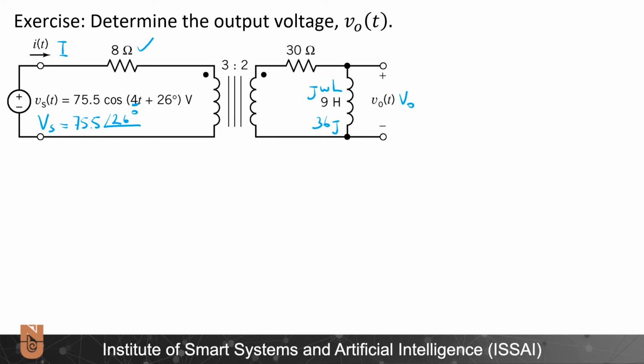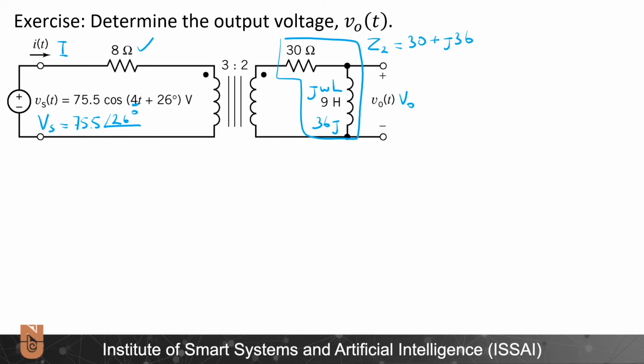And now the second step will be that I will find the combined impedance here, which I will call Z2, equal to 30 plus j36.